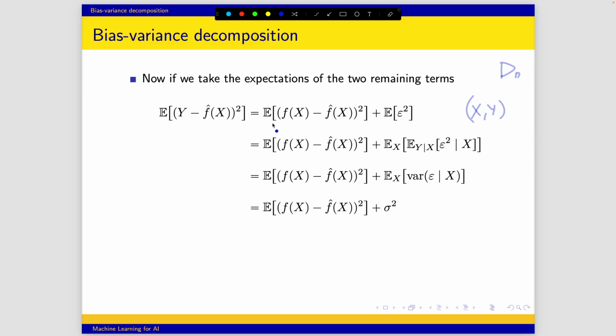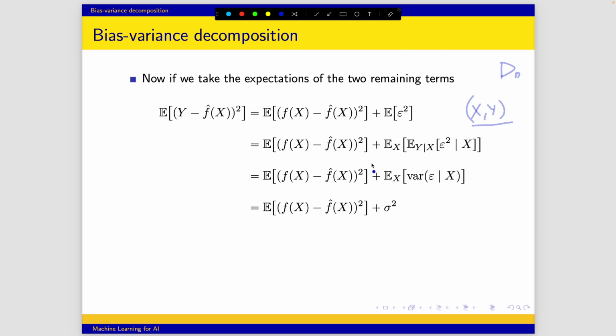So this expectation, which starts out as the same expectation, becomes an expectation only over the random pair, which, again, using the tower property, we can decompose as the expected value over x of the expected value over y given x. Here I've written the conditioning properly, of epsilon squared given x.